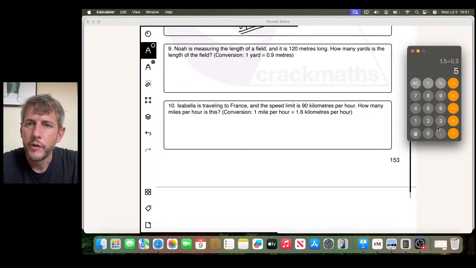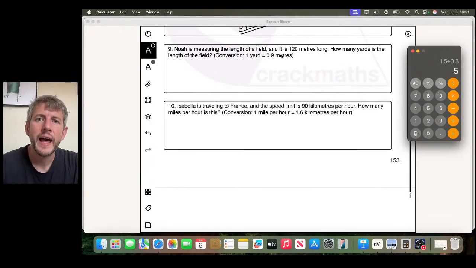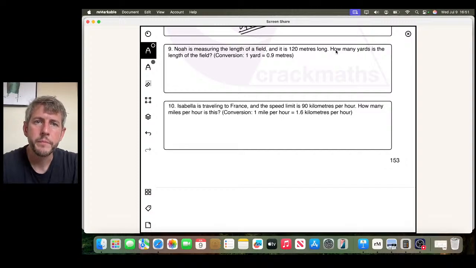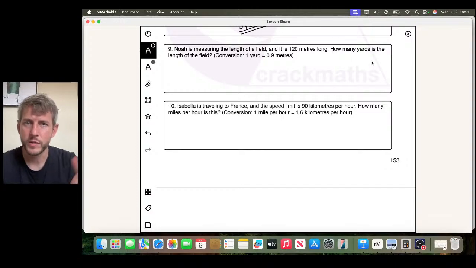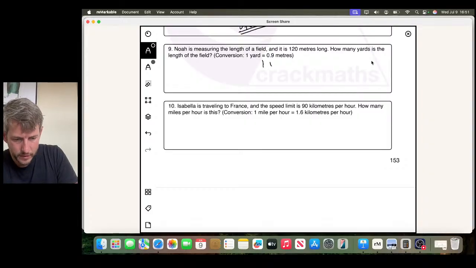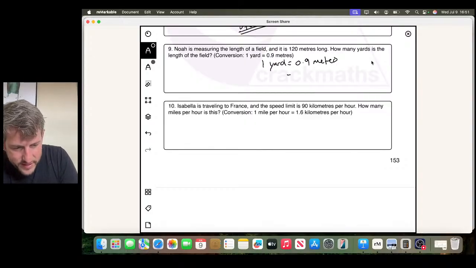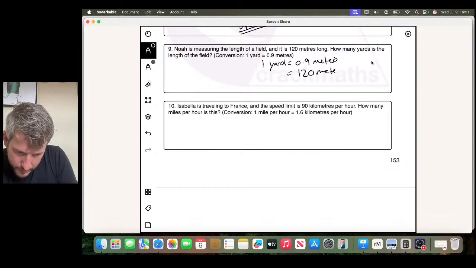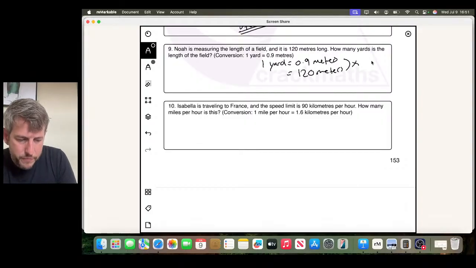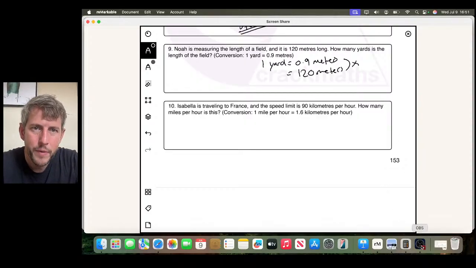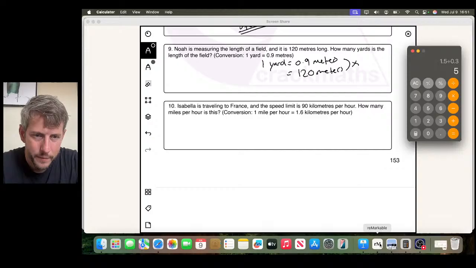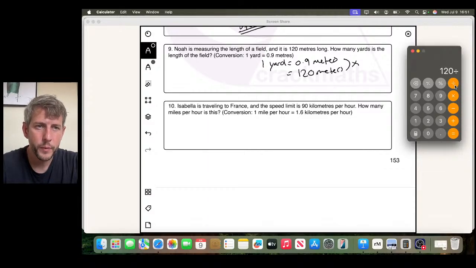Right. Noah is measuring the length of a field and it is 120 meters long. How many yards is the length of the field? 1 yard equals 0.9 meters, so we can work from this. We need to get to 120 meters. 0.9 times something gets us to 120, so we do 120 divided by 0.9.